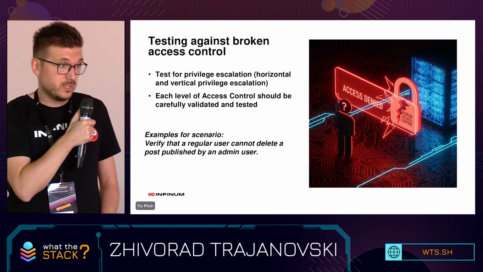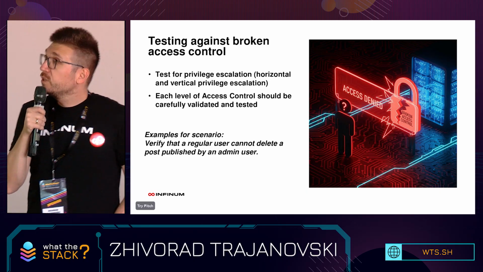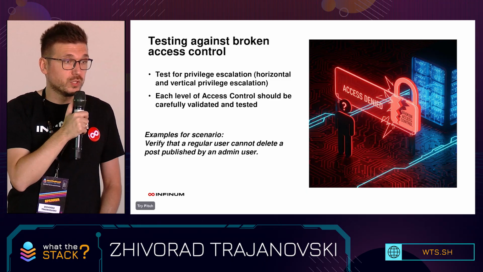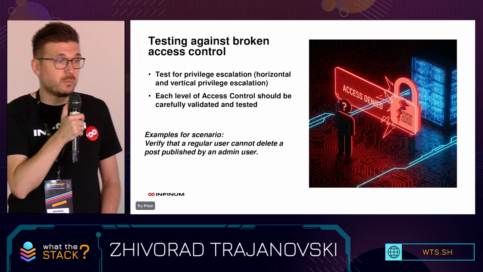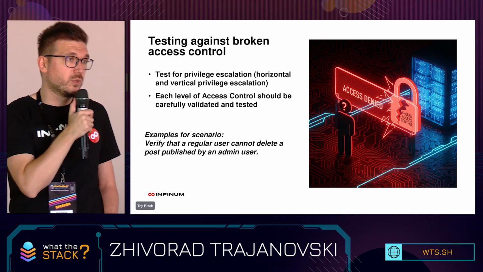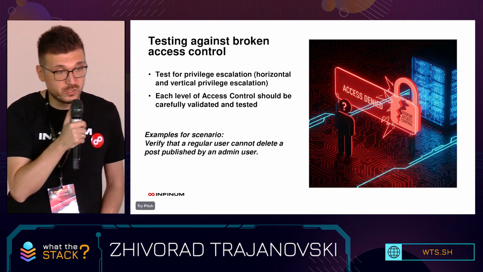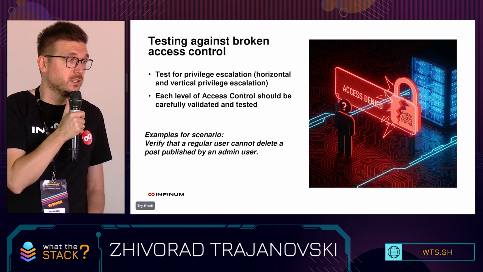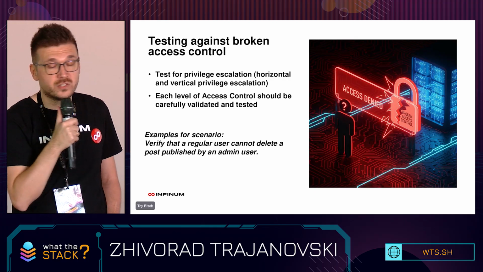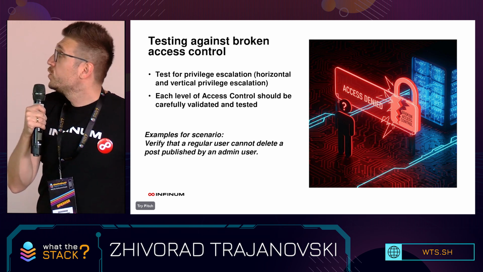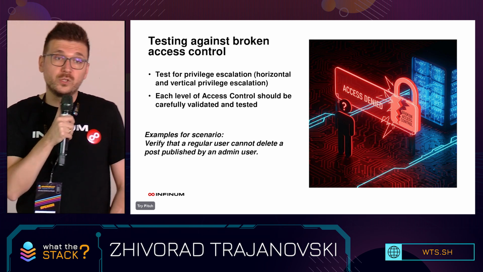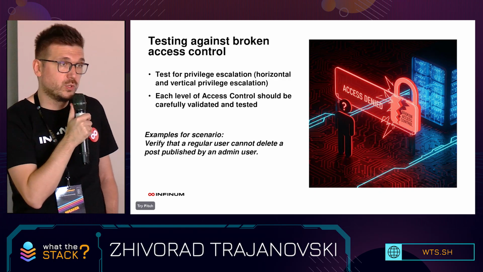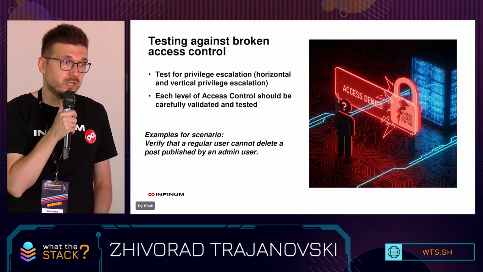Authentication doesn't equal authorization, so you should try everything that is permitted with admin, maybe some moderator users, and even with regular users. Of course, regular users should not have the same privileges as the admin user. Each access control should be carefully considered and validated from each perspective and each business rule in the system.